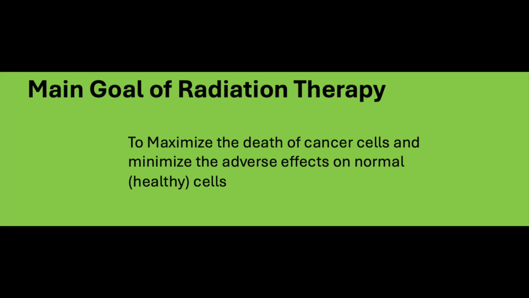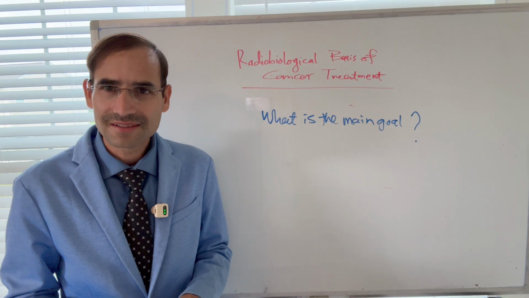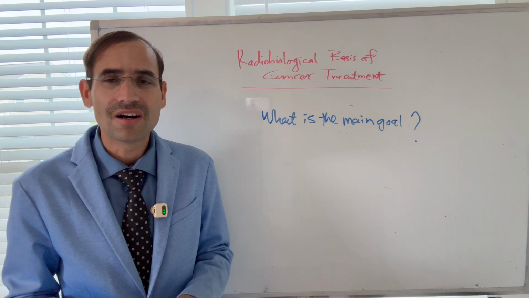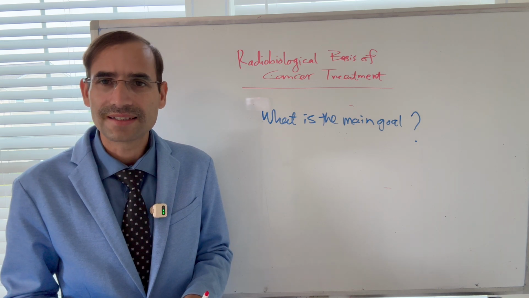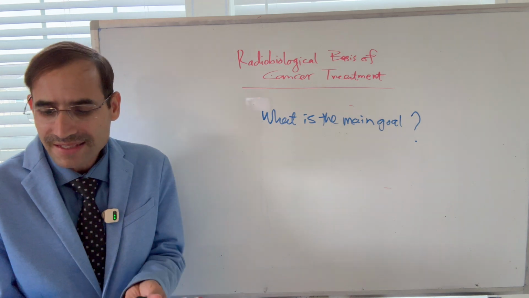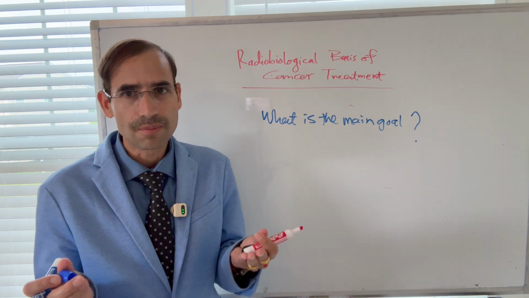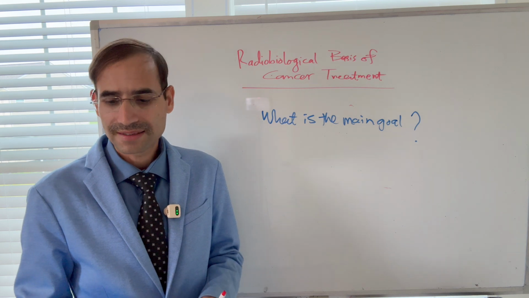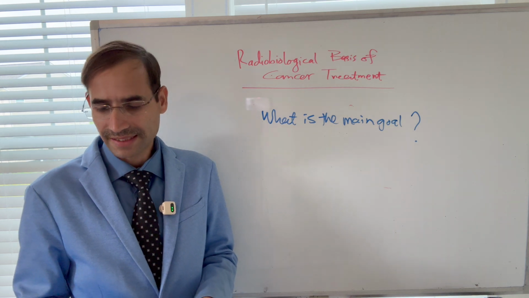The main goal is to maximize the damage to the cancer cell while minimizing the harm to the healthy tissue. When we use radiation, it not only damages the DNA of the cancer cell, it also damages the DNA of healthy cells. So how do we balance that? We need to minimize harm to the normal cell, but maximize the damage to the cancer cell.